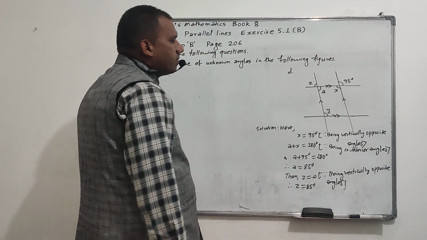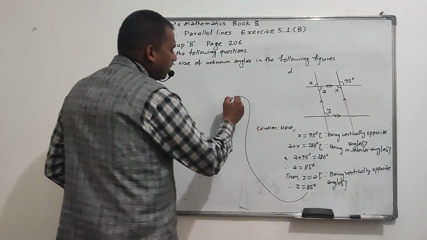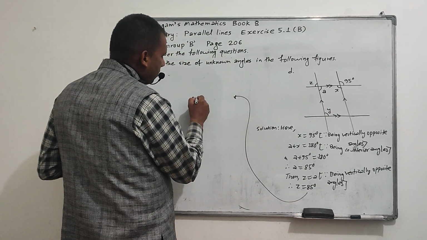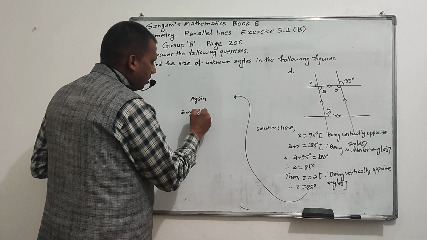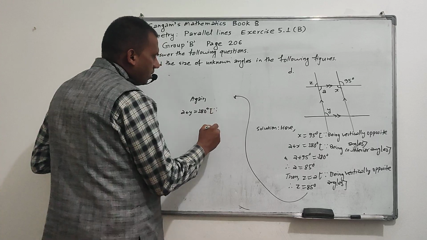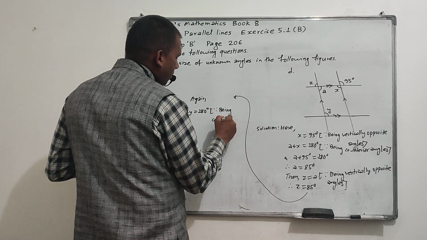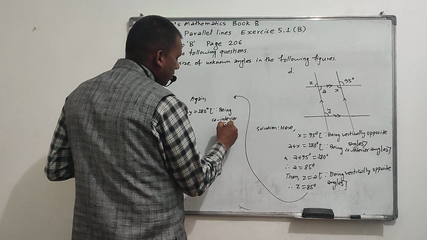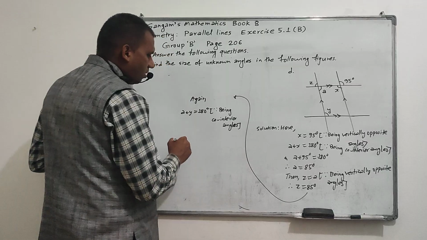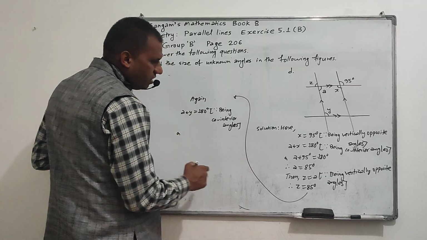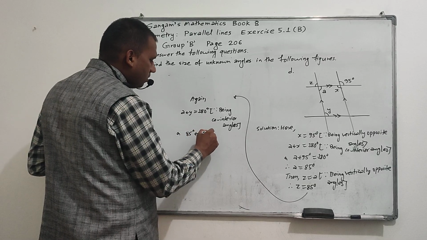And y and a are co-interior angles. Again, a plus y equal to 180 degree, being co-interior angles. The value of a is 85, so we can put the value of a, 85 degree, plus y equal to 180 degree.